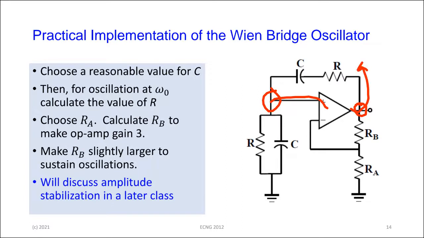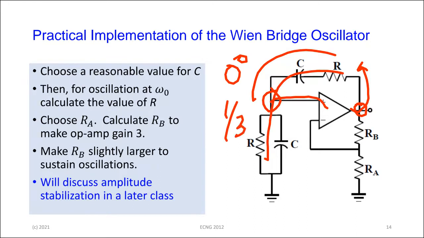So without any external factor at all, this oscillator is taking the output and passing it back through. This part has 0 phase shift. The RC part has a gain of 1/3. We are here to have a gain of 3, so that the overall loop gain is going to be 1.